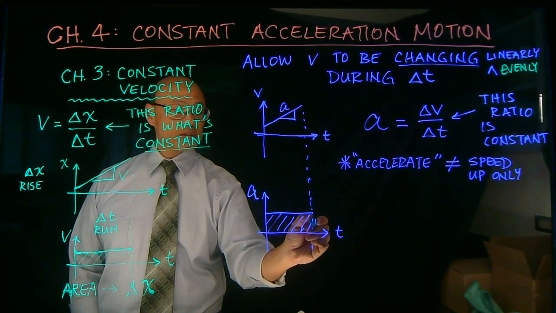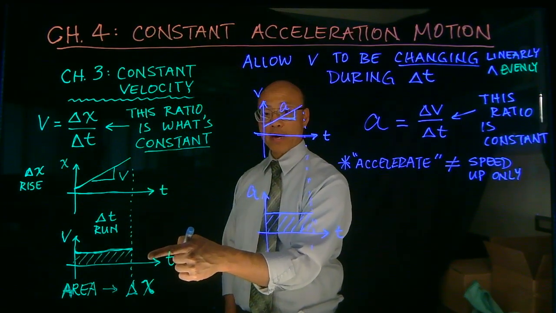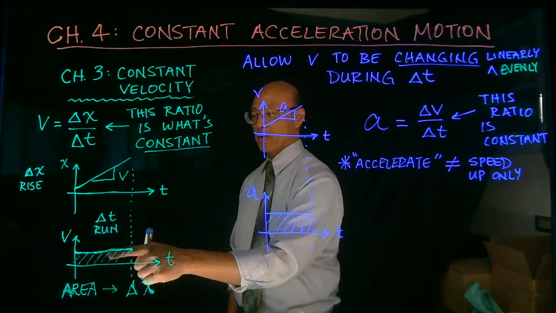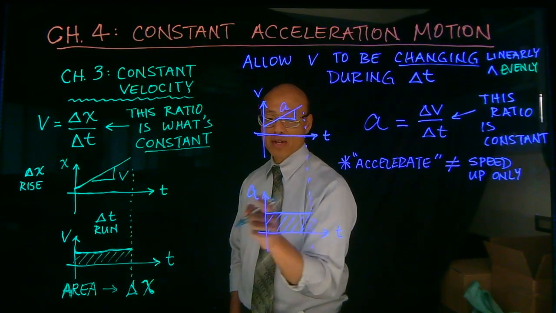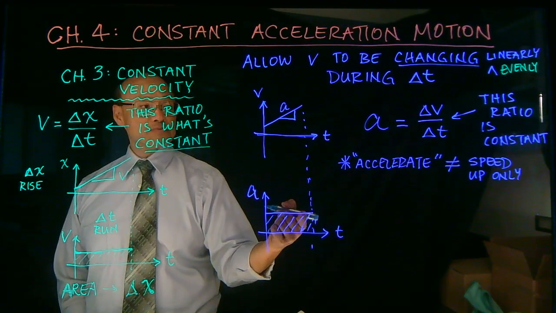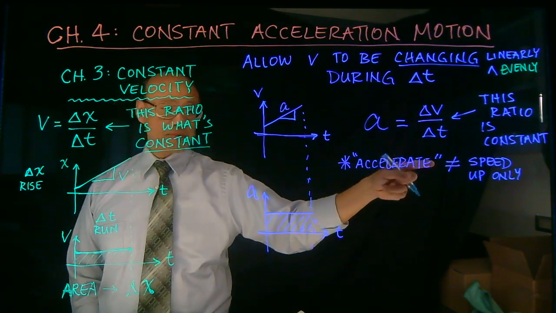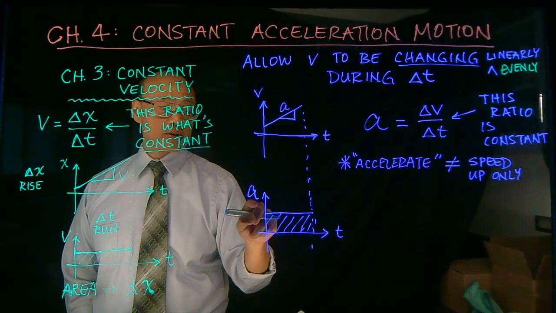We could have talked about this acceleration time graph in chapter 3, but it's boring because if my VT graph is a line, my acceleration is 0. It's kind of trivial. Now, my acceleration is not 0. Going from 0 to 60 in 5 seconds, my acceleration would be 12 miles per hour per second.